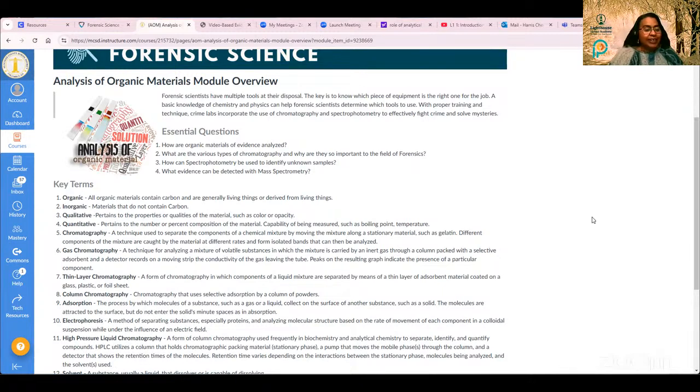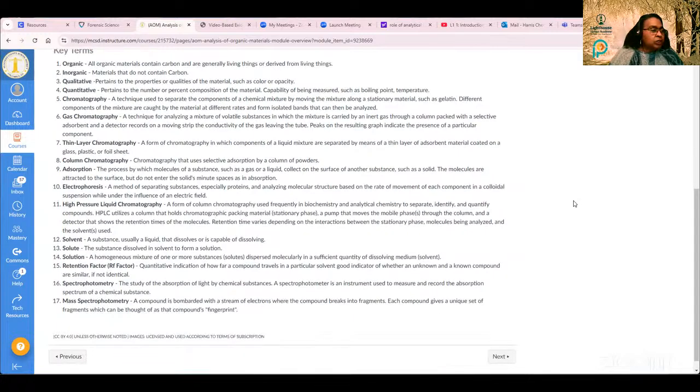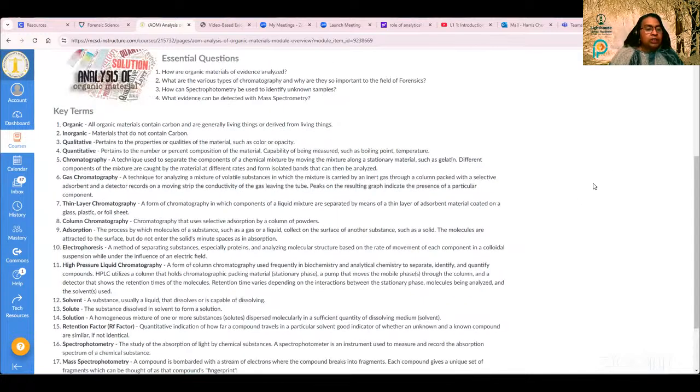Okay. It's one of those things where you have one word in your head and then you're looking at it and you go, that's not the word you're looking at. So, spectrophotometry. We're going to watch a short video in a little while on the different tools they use in studying organic materials when they're doing forensic analysis.